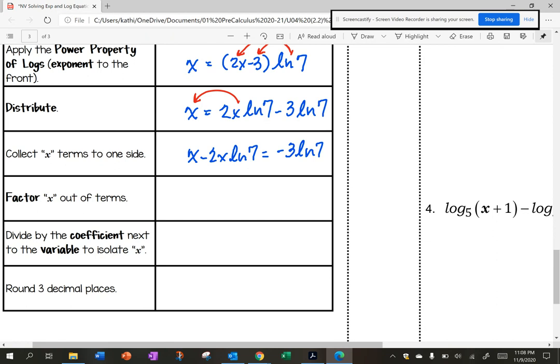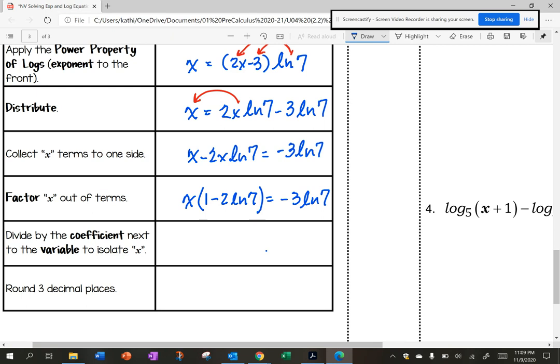Next, I want to factor out my x on the left side. So I have x times (1 minus 2 natural log of 7) equals negative 3 natural log of 7.